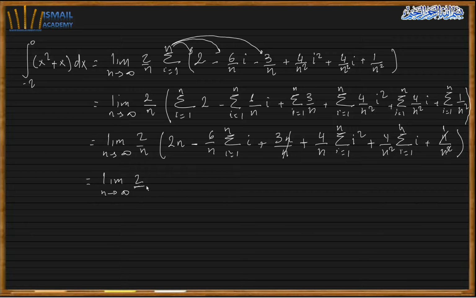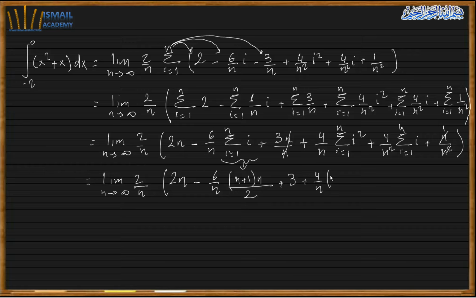2 over n, so it's going to be 2 over n. So now I simplify this with my formula, so it's going to be minus 6 over n times (n plus 1) times n over 2. So this is this formula, plus 3 plus 4 over n, then I switch this one to the formula that I just showed you before.